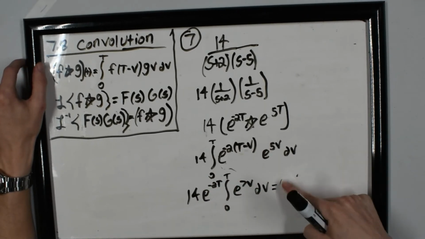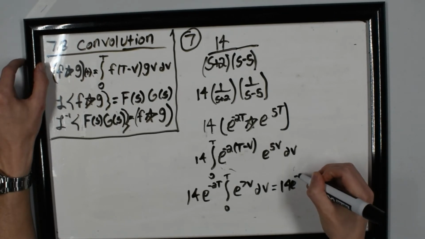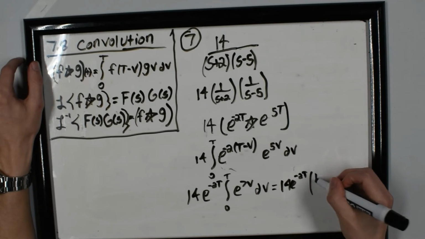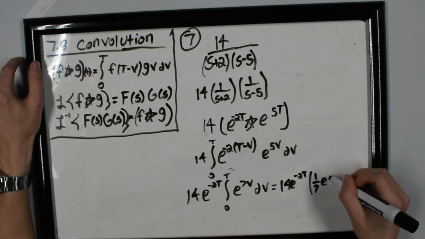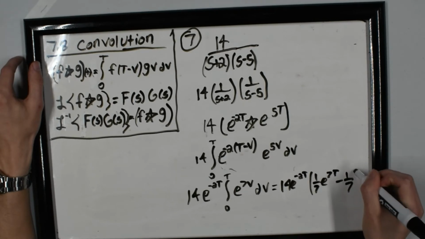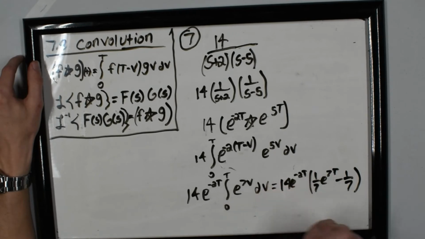So let's write that: 14 e to the negative 2t times 1/7 e to the 7t minus 1/7, because e to the 7 times 0 is 1, times 1/7, because of the integral.